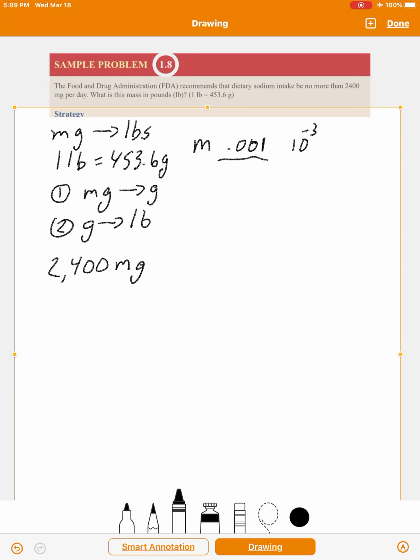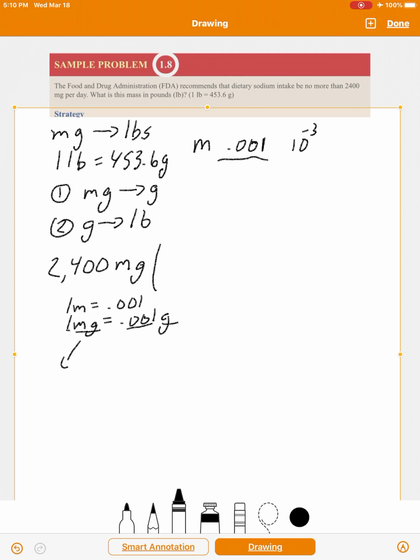Before I put the conversion factor directly here, let me just review. Milli is equal to 0.001. So 1 milligram is equal to 0.001 grams. Number unit. Number unit.